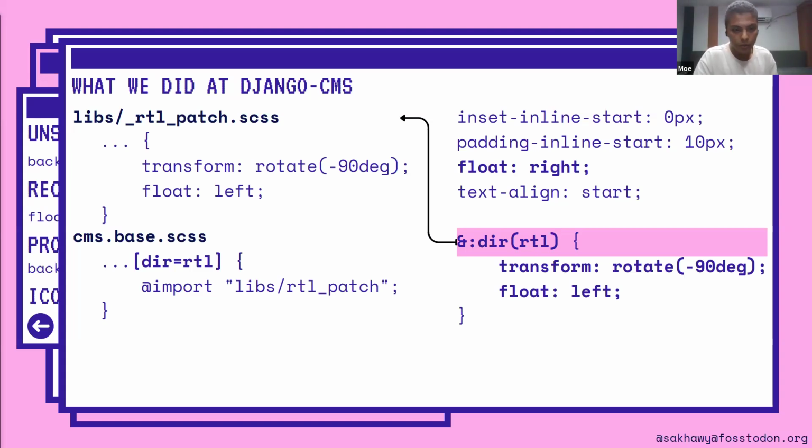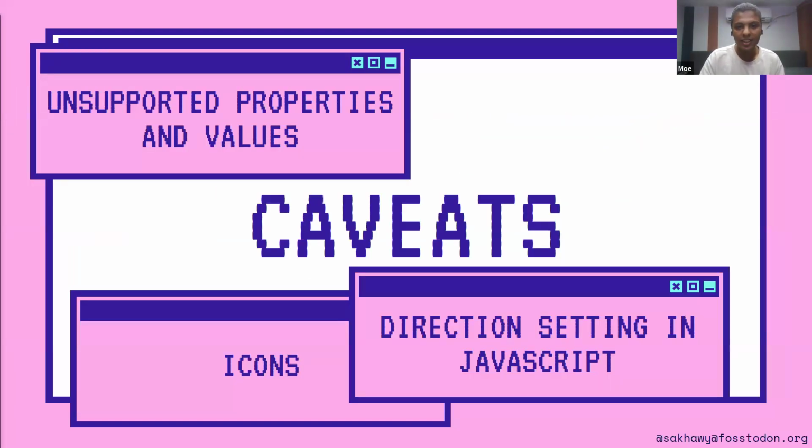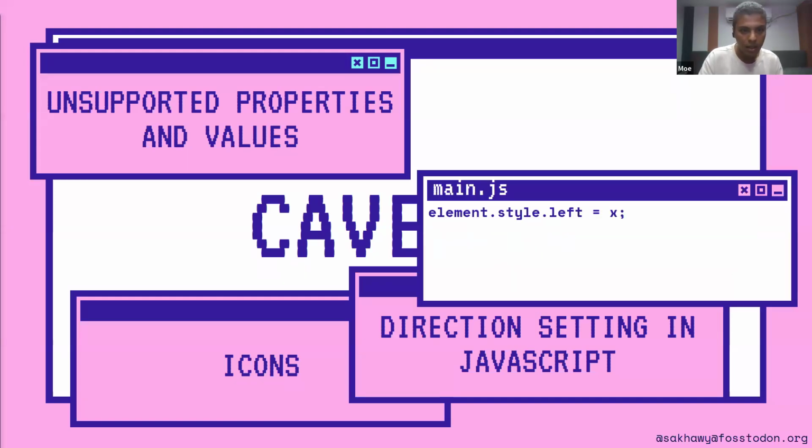Also, once the majority of your users shift to newer versions, you can just drop that patch. Finally, the last thing to be aware of is JavaScript that sets physical directions dynamically, something like this. To be honest, I don't know of a quick way out of this. You just have to think about it, debug it and fix it yourself.